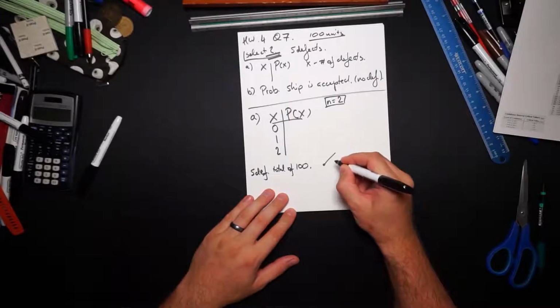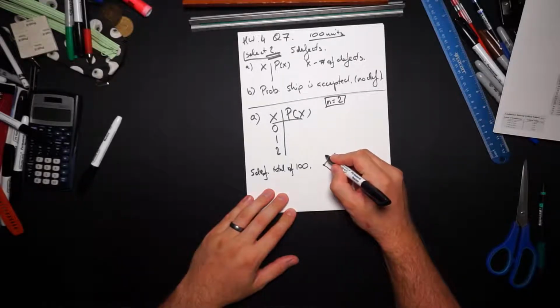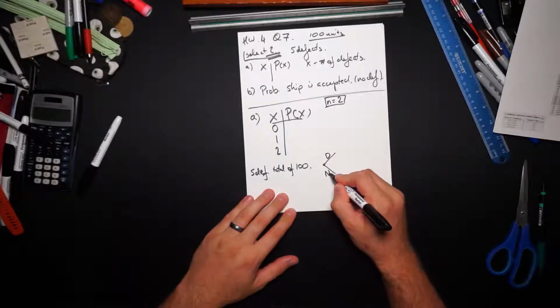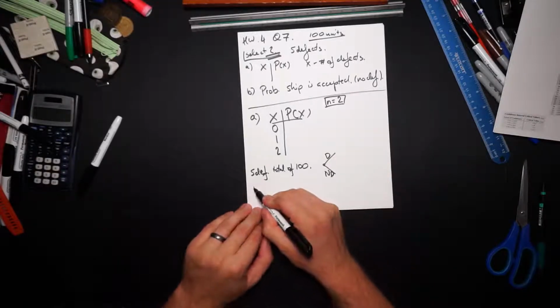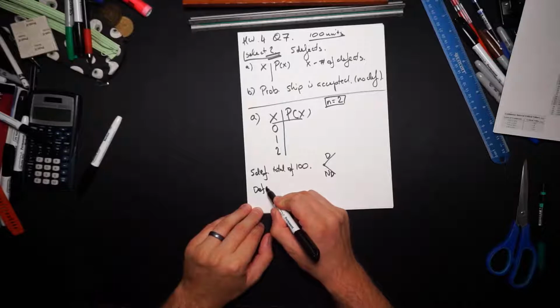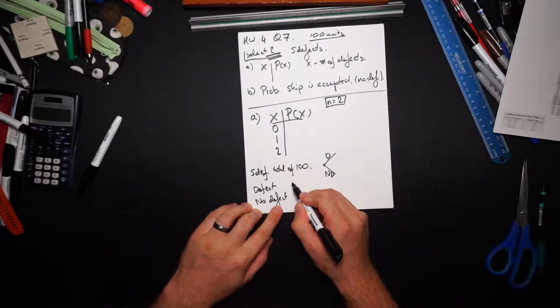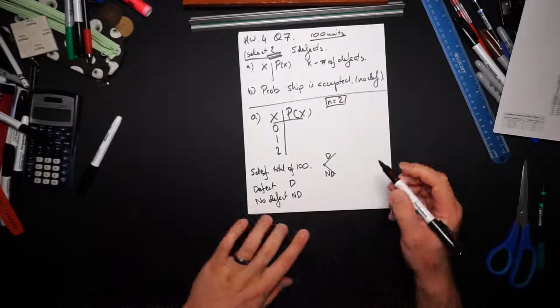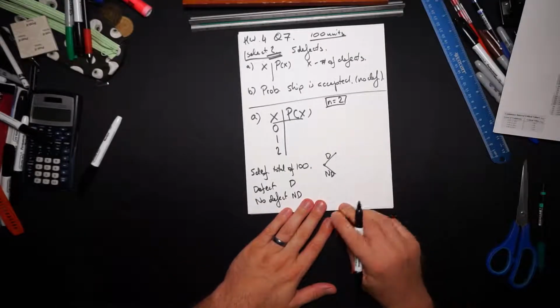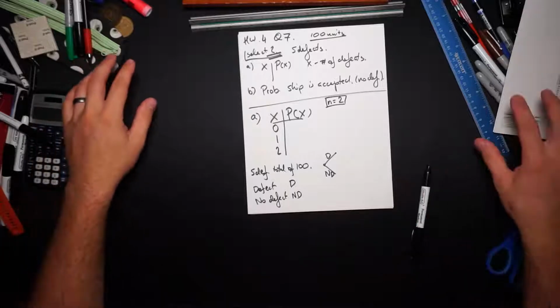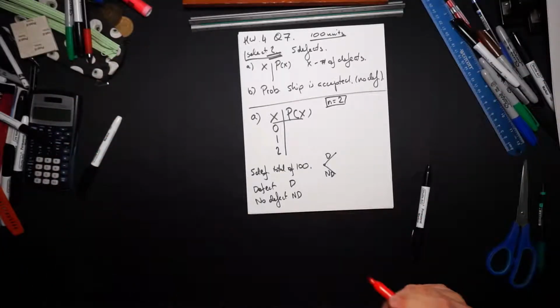First choice: defect, no defect, and defect, no defect. Right?